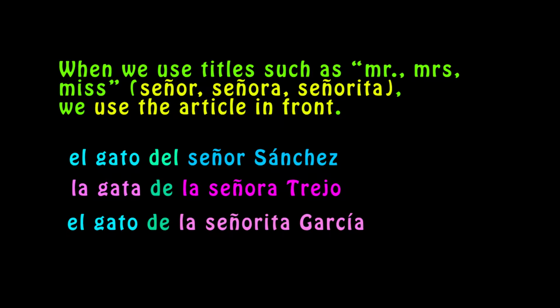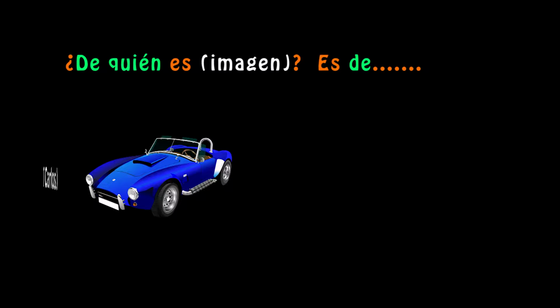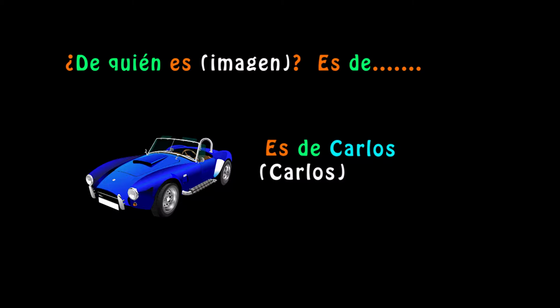So, why don't we practice? De quién es, I will present an image, and you answer es de, and you give me a name. Okay, so let's begin. ¿De quién es? You should have gotten es de Carlos, or you can have a complete sentence.